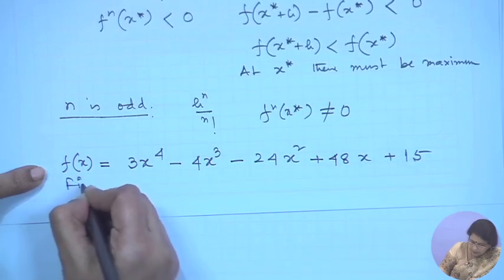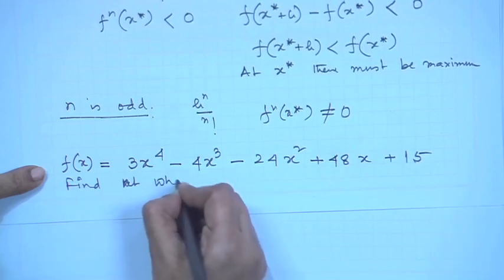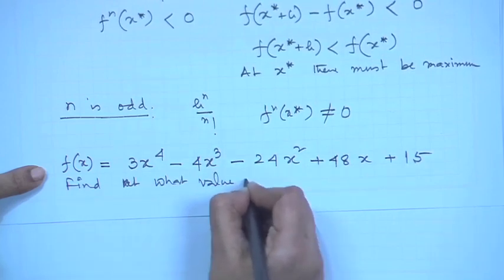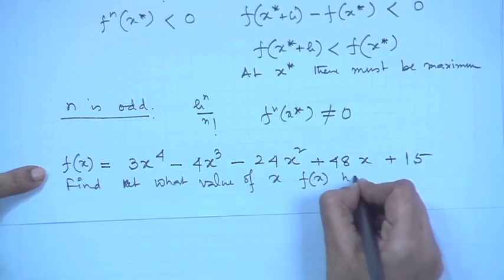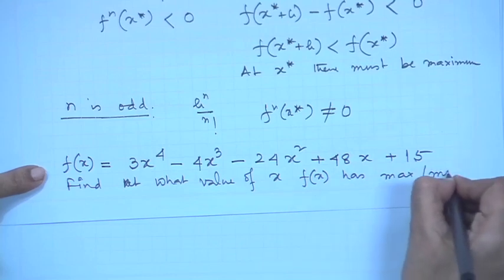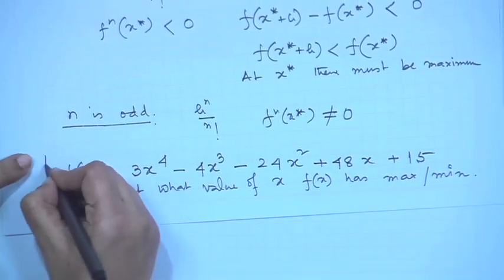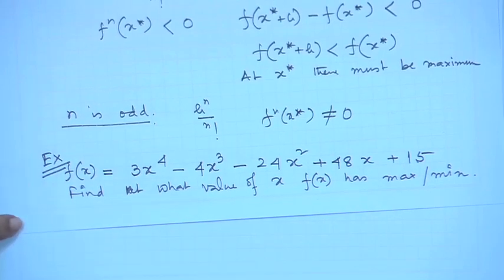Find at what value of x, f x has a maximum or minimum. Use the necessary condition and sufficient condition, and with that try to conclude.